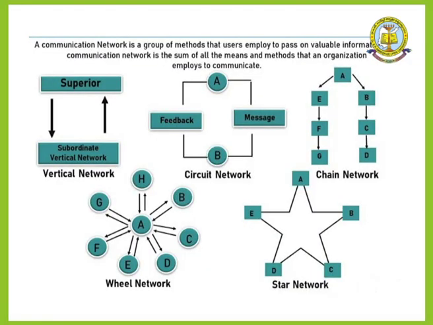Sometimes companies also follow a network called a wheel network, where the network looks like a wheel, as you can see, with a person A in the center trying to communicate with all the people around him. For example, the general manager of a company might be communicating with functional managers, such as the production manager, HR manager and marketing manager.